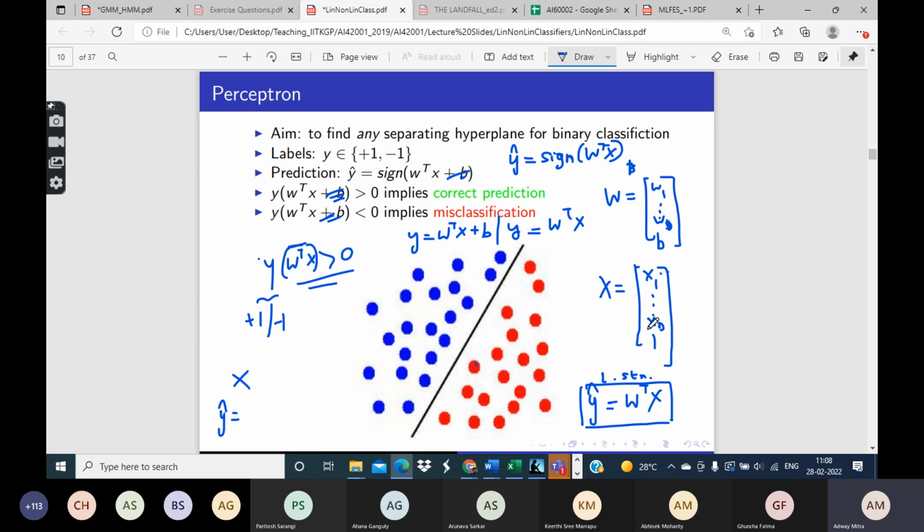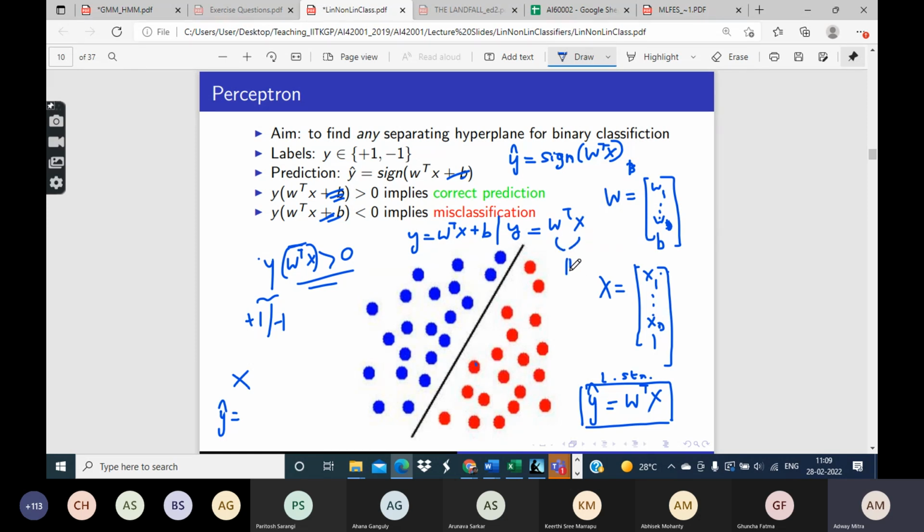So x is the d-dimensional feature vector, to which we augment this 1, and w holds w1 up to wd, the coefficients of the different features, and b is the bias term.